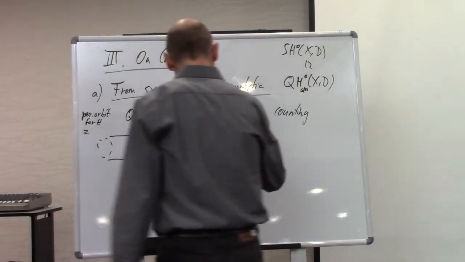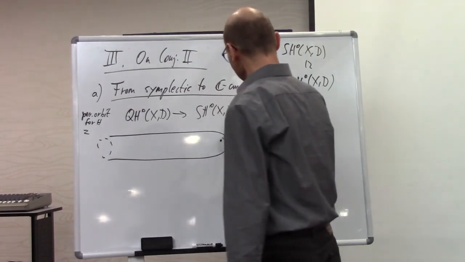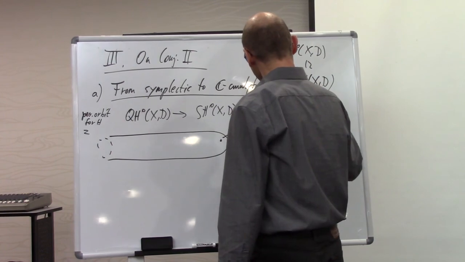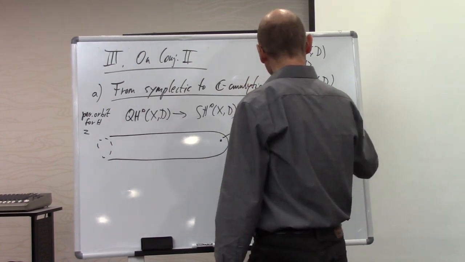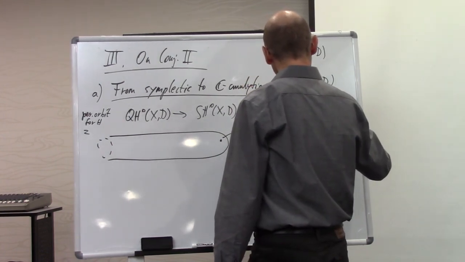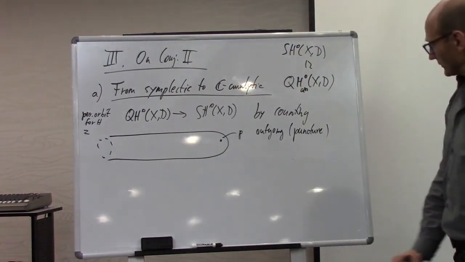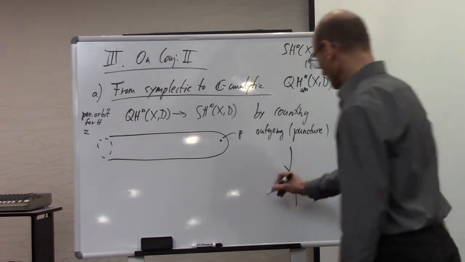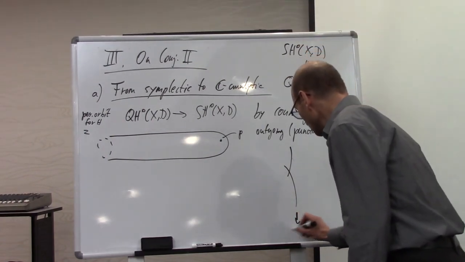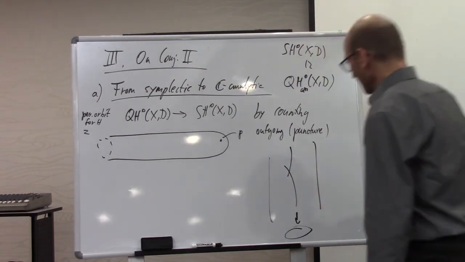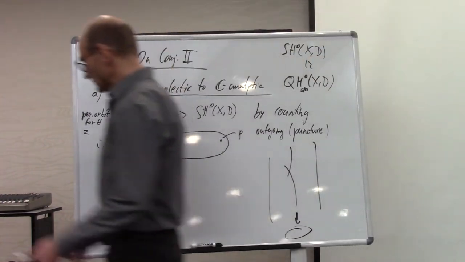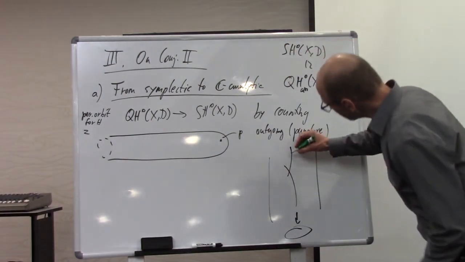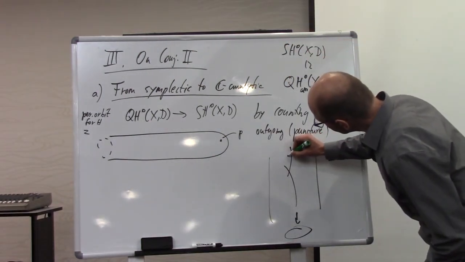Okay, and then I have one outgoing point, P. So that would be a puncture, actually. How do you get these things? In the easiest way, by working in the total space, I mean, what would this look like? So this is fibered over a disk. And then you can produce such cigars by taking kind of a little circle around that guy.